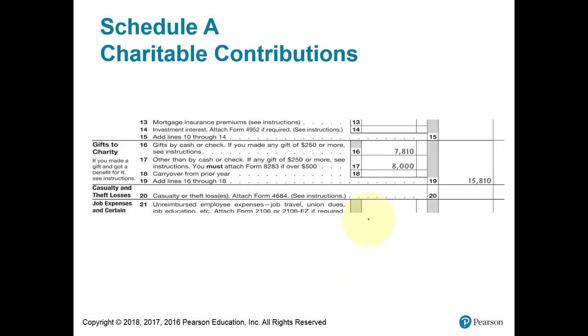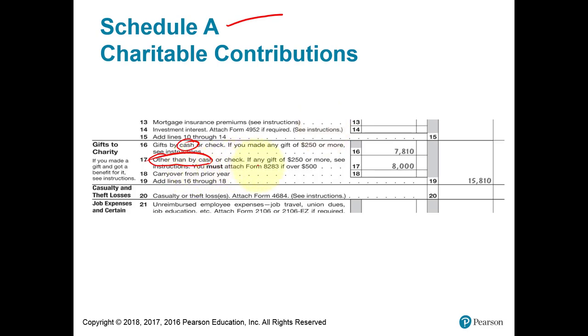So our Schedule A, here is cash contributions, including checks and credit card charges. And here's everything else that's not cash. So you have to make sure you have good receipts, or what they call donee acknowledgments, actually telling you that what you had contributed is a charitable contribution.